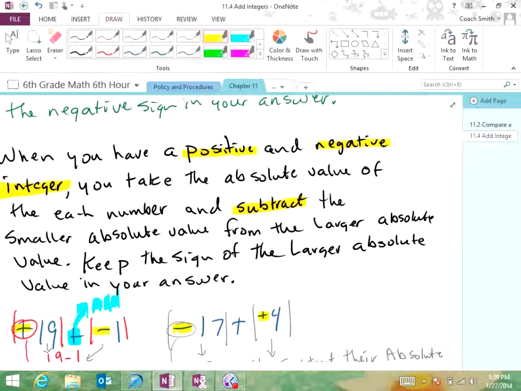That's the rule for adding a positive and a negative. Yes, they're all going to say addition, and you are adding them, but one of the rules for addition is that if I have a positive and a negative, I must take their absolute values and subtract their absolute values. Right, Nikki? Yeah, go pick it up.